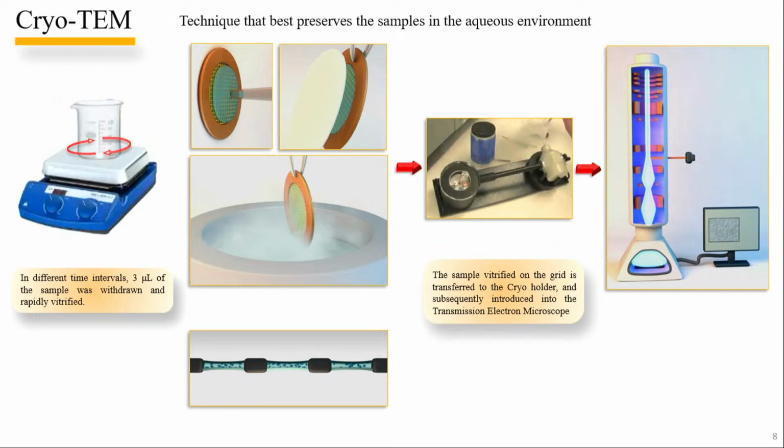At different time intervals, 3 microliters of the sample was withdrawn and rapidly vitrified. The vitrified grid is transferred to the cryo holder and subsequently introduced into the transmission electron microscope.